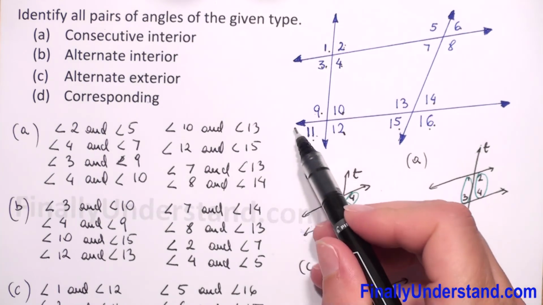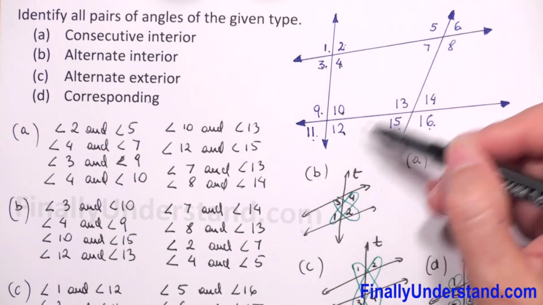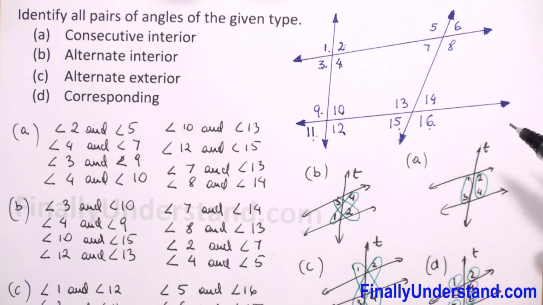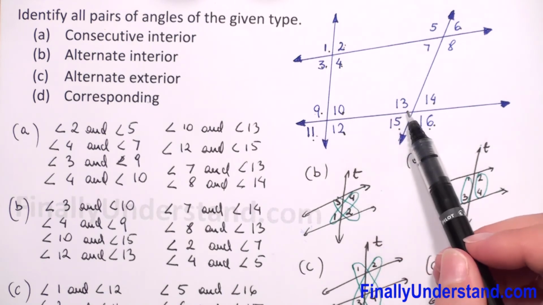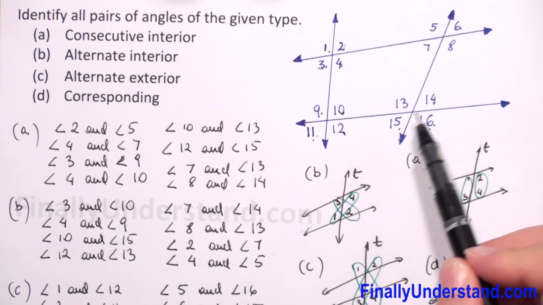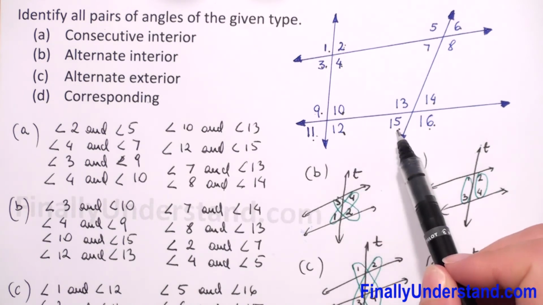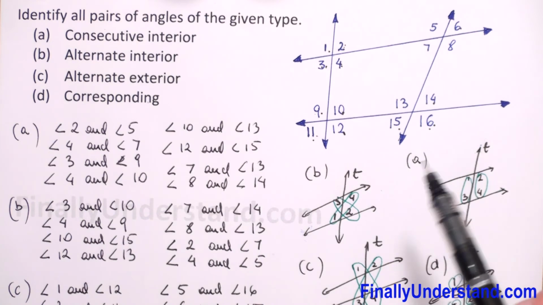So now let's put that this is our transversal for these two lines. So we have to look at angles which are above lines and on the same sides. So it will be 9 with 13, 10 with 14, 11 with 15, and 12 with 16.